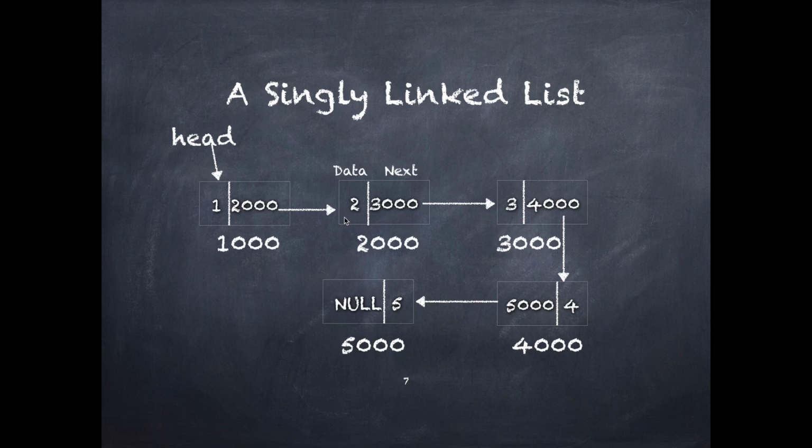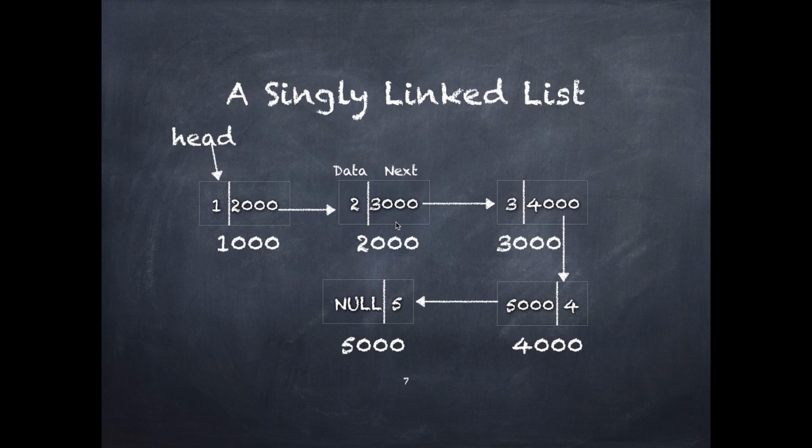So what was my question? If I am accessing the data as head.next.next.next.data, what will it print? That will be 4. So head dot next is this node.